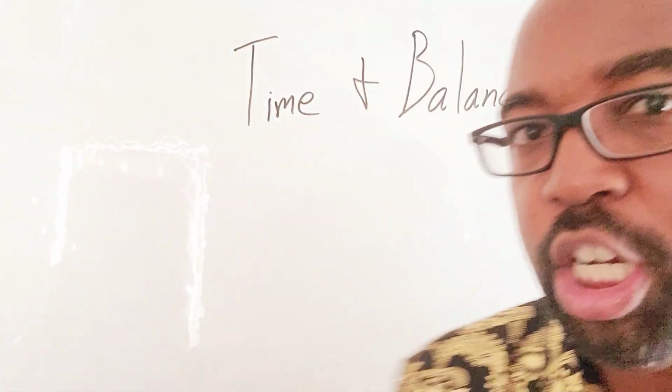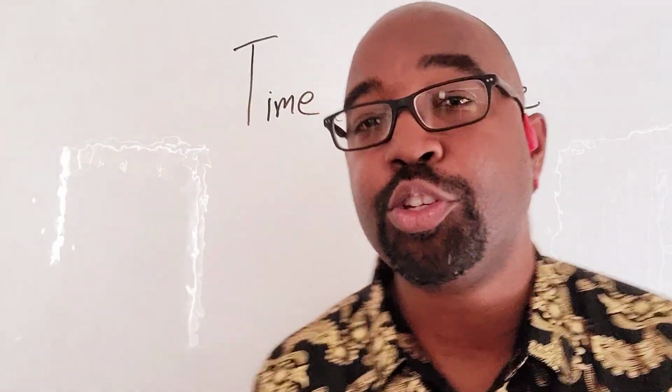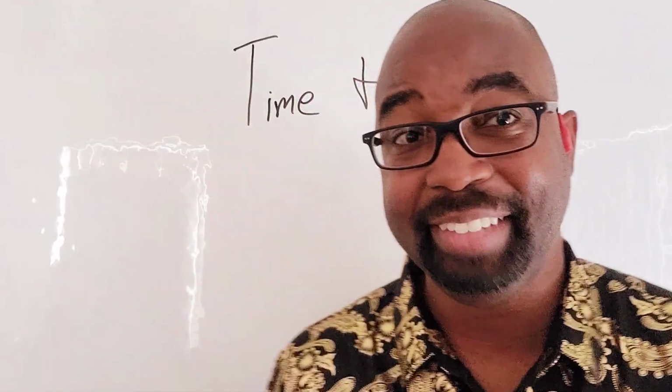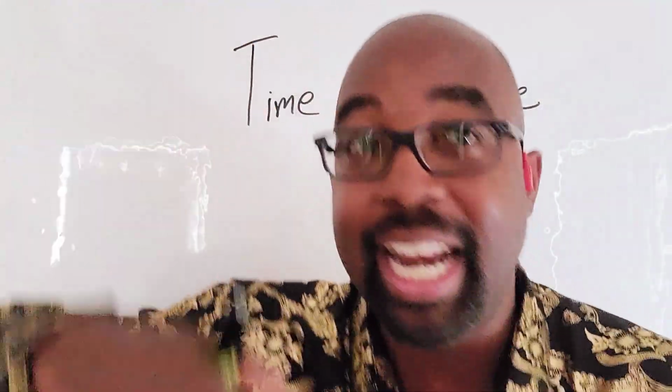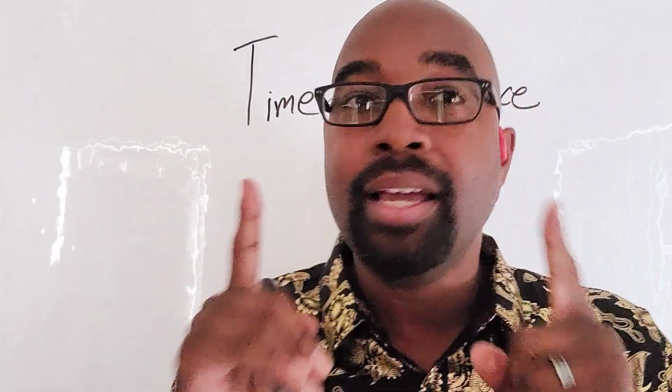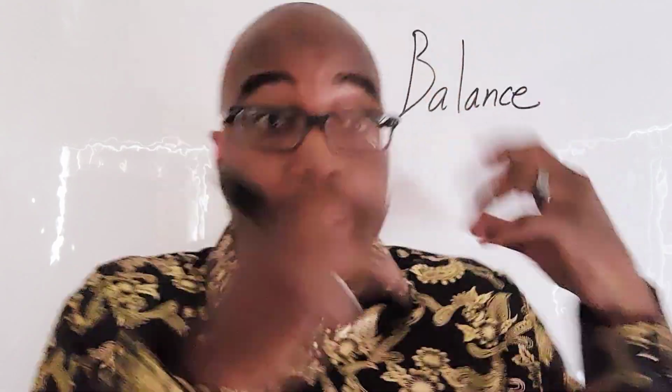Take a good hard look. Time and balance. Time and balance, because guess what the interest rate is doing while you're sleeping? It's accumulating. And then the next day, it's accumulating and accumulating and accumulating because of what? Time. But the interest is feeding off the balance, isn't it?